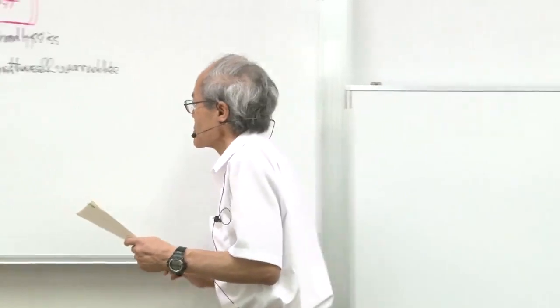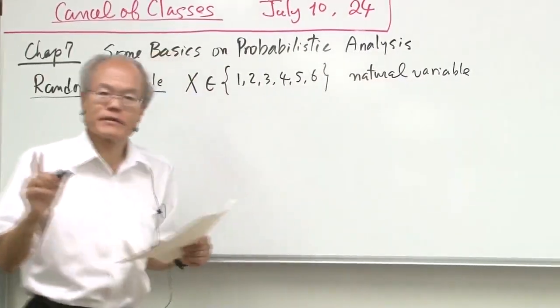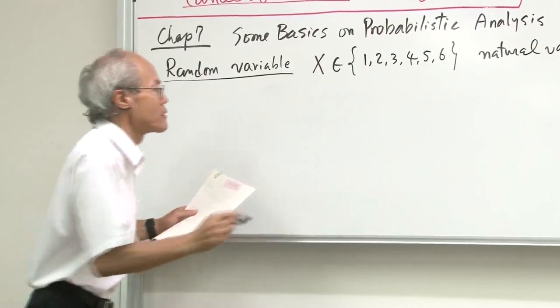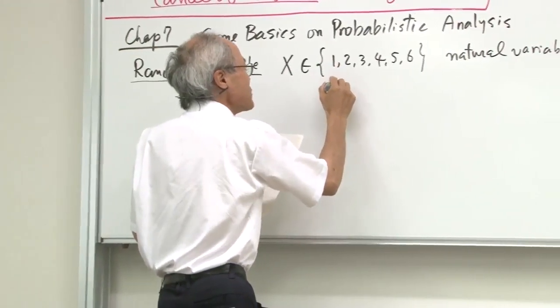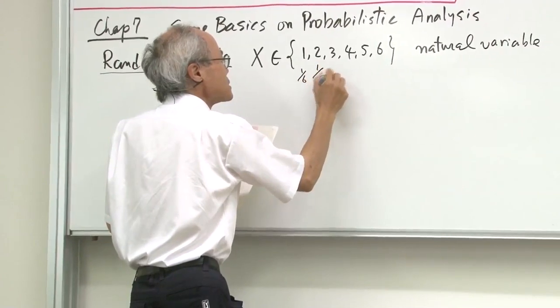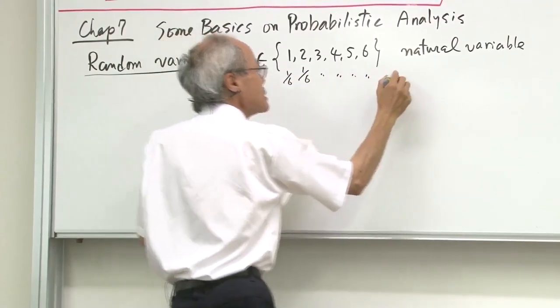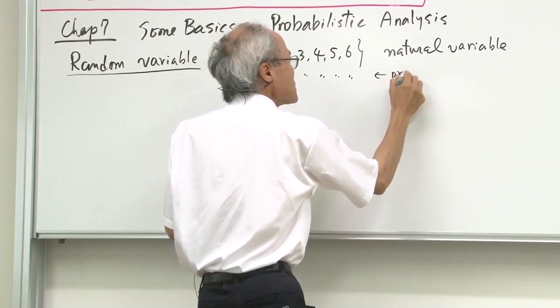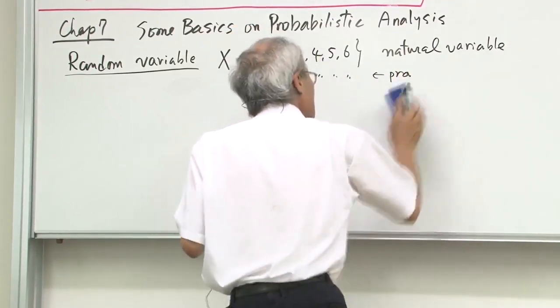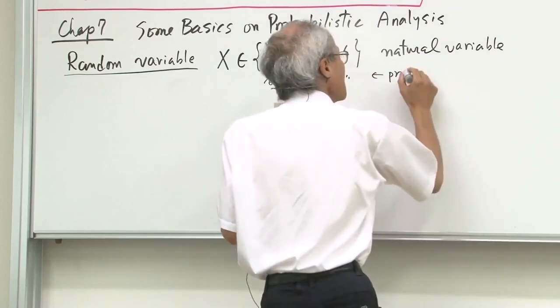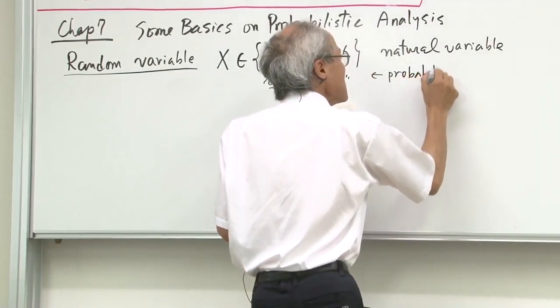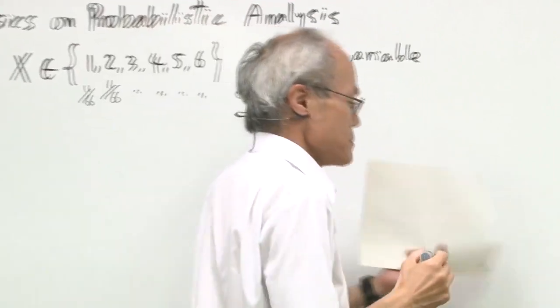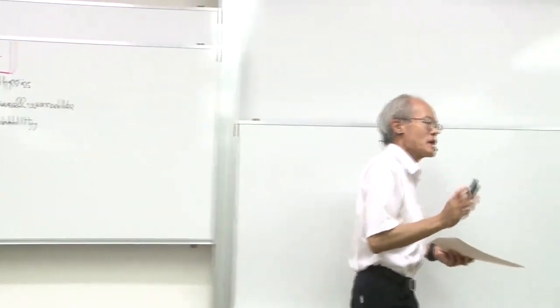Meaning, we have a probability for each number. So for example, each number has probability 1/6. So this is a probability. So if you say x is a random variable, then x takes each value with probability something, like that.